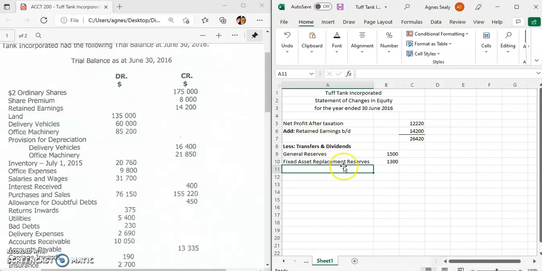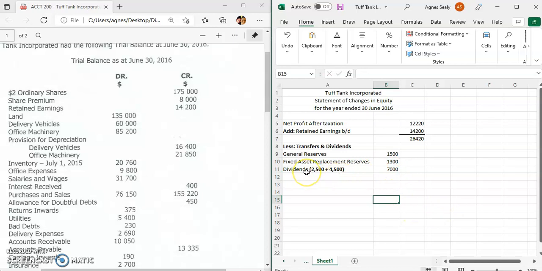What you would do is you would just say dividends, and you would take the $2,500 for the ordinary shareholders and add the $4,500 for the preference shareholders, and you will write the total dividends.